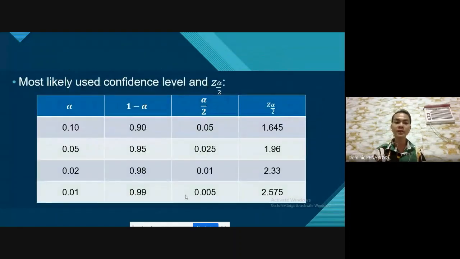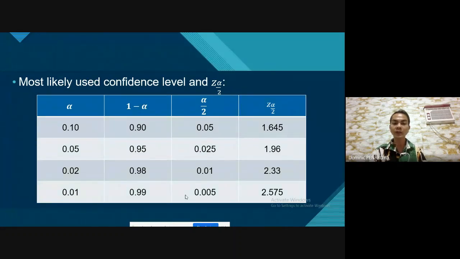So we have here the four most likely used confidence levels and their corresponding z values. We have the 90, the 95, the 98, and the 99% confidence level. When we say alpha, that is the total area of the tail. Again, let me repeat. Alpha stands for the total area of the tail.